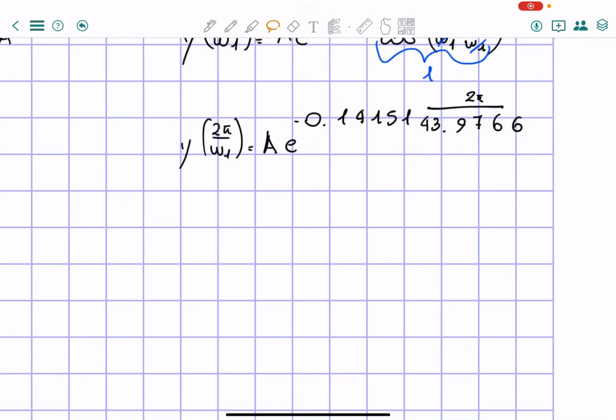Now, the more numbers you put, the more detailed it's going to be. So, if we plug this in the calculator, we're going to have that this is equal to A times e to the power of negative 0.145151 times 2 times pi divided by 43.9766, which is equal to 0.97998468670, right?